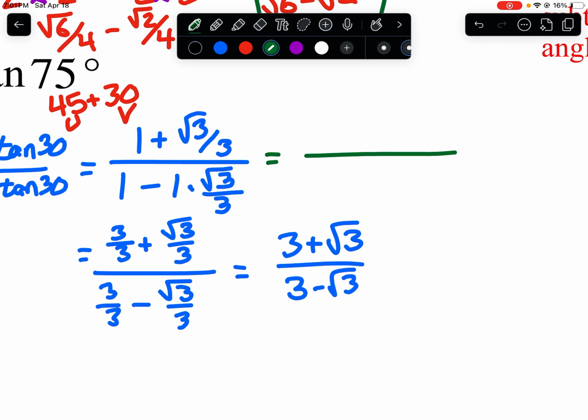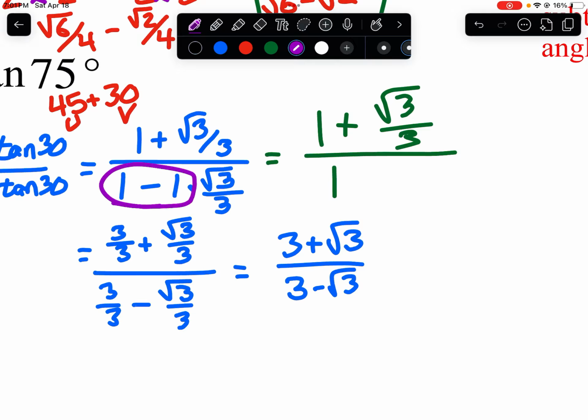And so if I can maybe show one little step in here, just because this is something that gets quite a few kids. That top part will just keep 1 plus root 3 over 3. But then on the bottom, a lot of times I'll see kids try to do this part first. They just work left to right. And they do the 1 minus 1 is 0, or maybe it's 1 plus 1 and they get 2. But PEMDAS says we have to do exponents first.